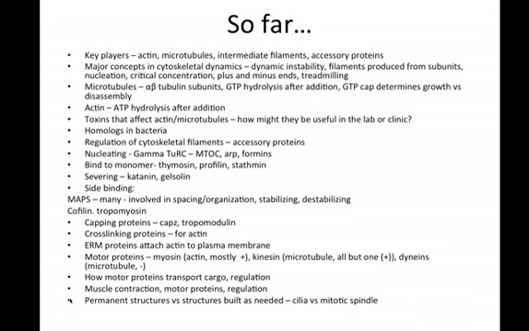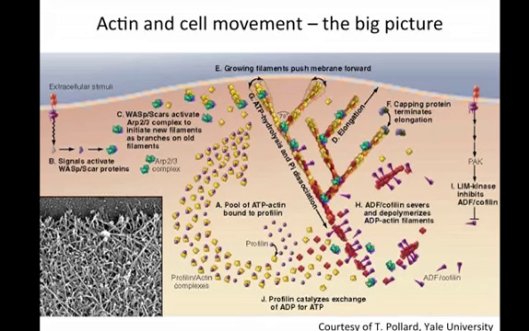And then we talked a little bit about permanent structures versus structures that are built as needed. So a permanent structure would be cilia or flagella, and a structure that's built as needed would be a mitotic spindle. And so this is kind of where we ended. So here we're starting to integrate all this information together.